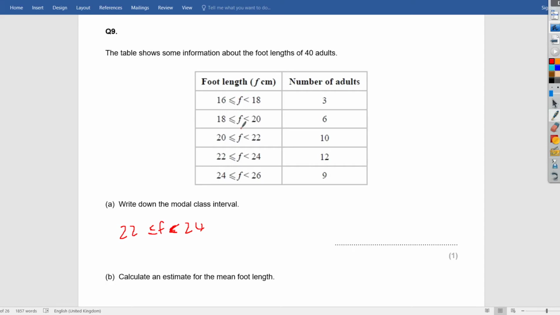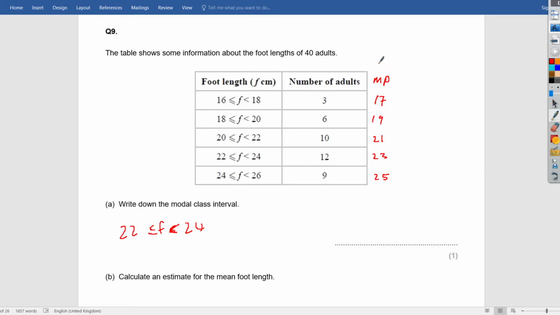The midpoint here, the number in the middle here is 17, the number in the middle here is going to be 19. Normally I would say add them together, then halve it. That will be 42, halve it will be 21. But in this question, it's really straightforward. It's the one bang in the middle, 23, and the one here is 25.